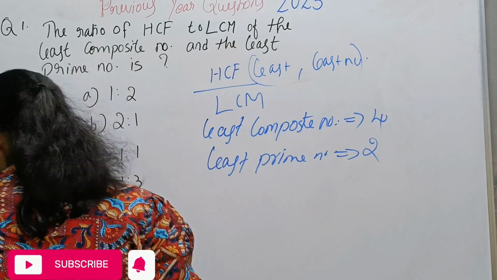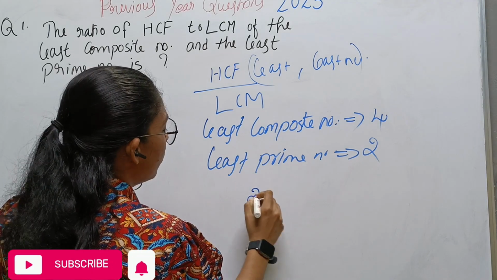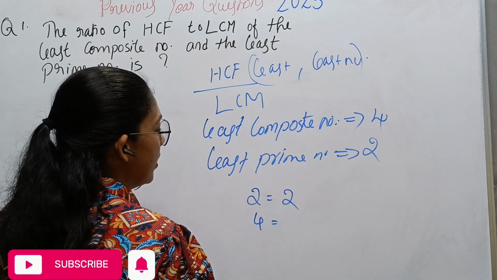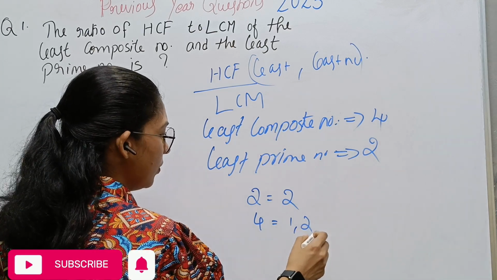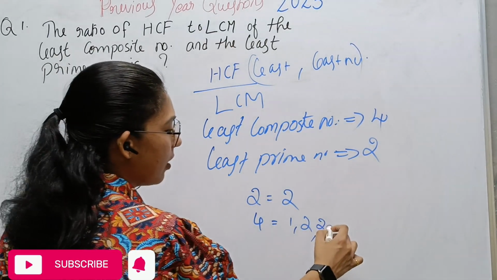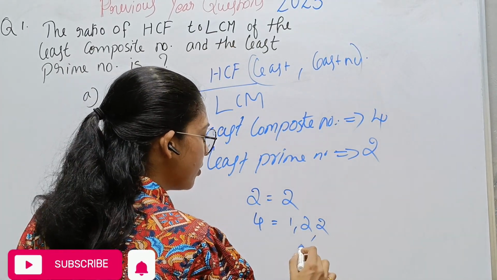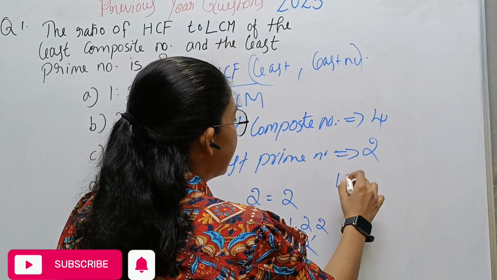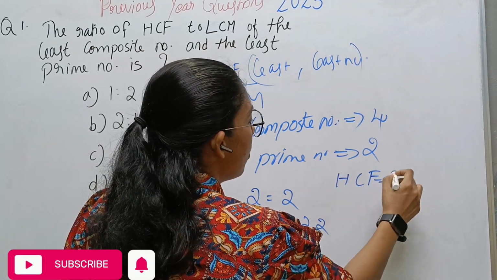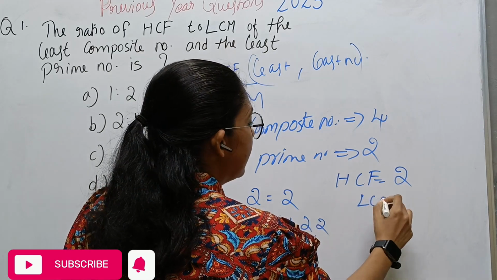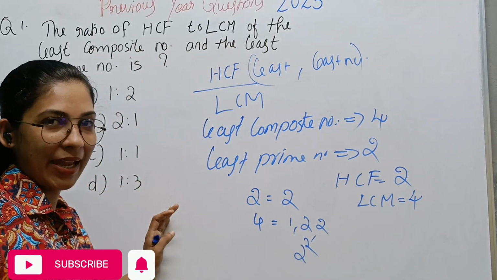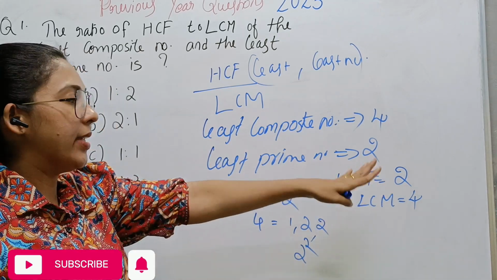The factorization of 2 is 2 itself. What about 4? It is 2 into 2, or 2 square. So HCF is equal to 2 and LCM is equal to 4.